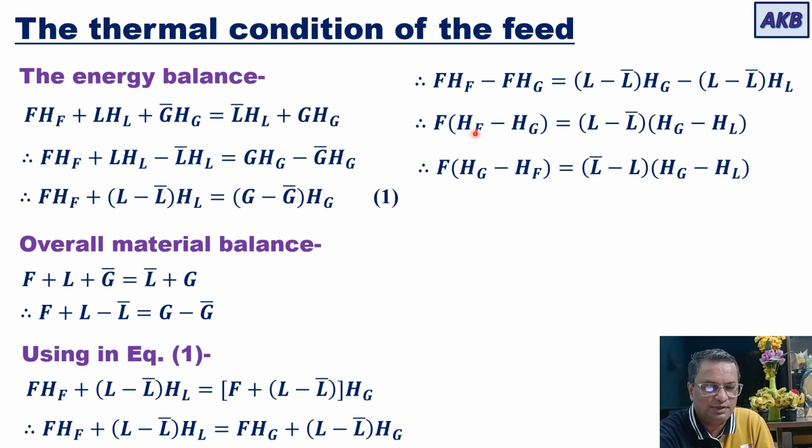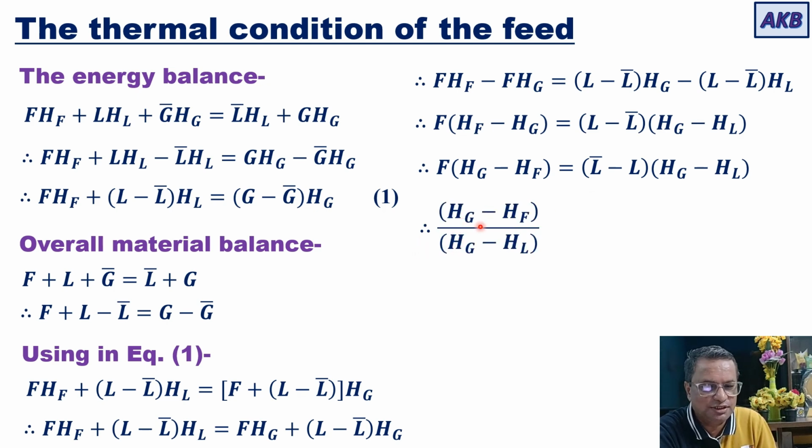If you look at this term, HF minus Hg will be a negative term because Hg is greater than HF. Likewise, since L bar is greater than L, this will be negative. So that's why I have interchanged the positions of Hg and HF on this side and L bar and L on this side.